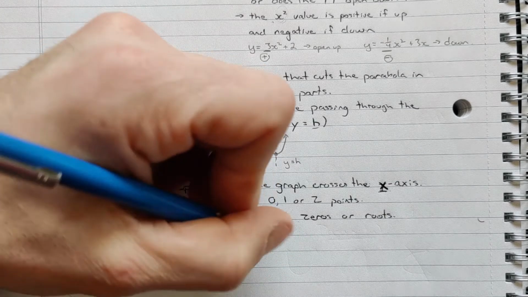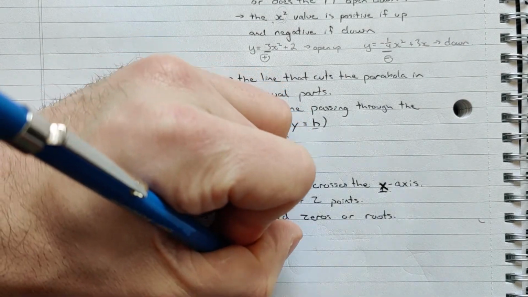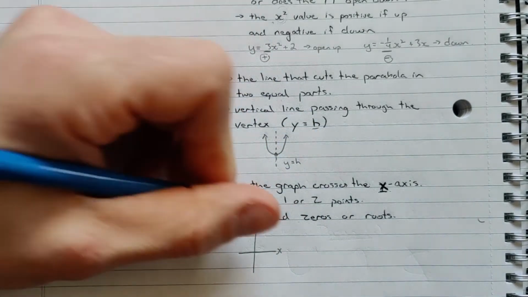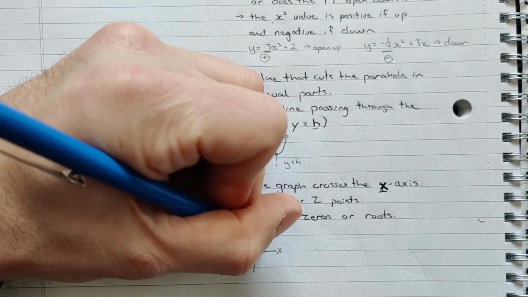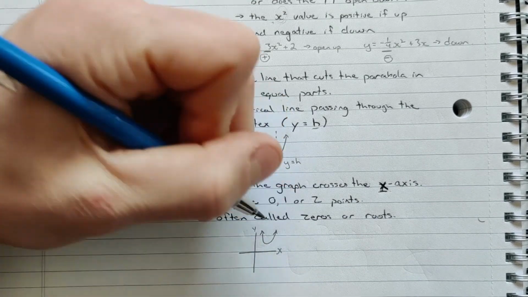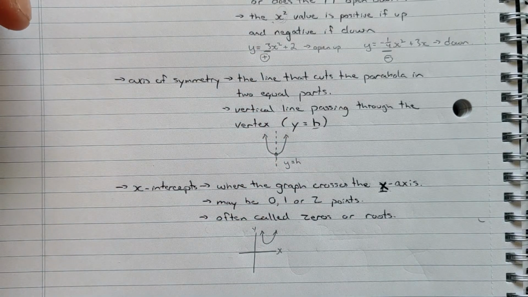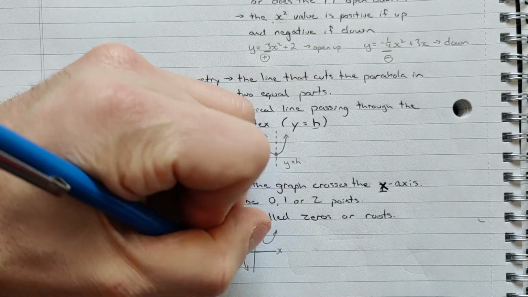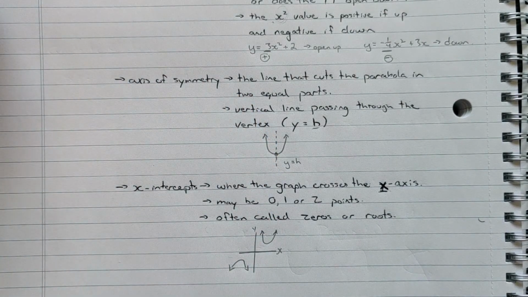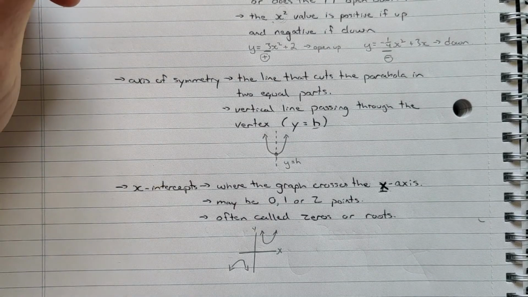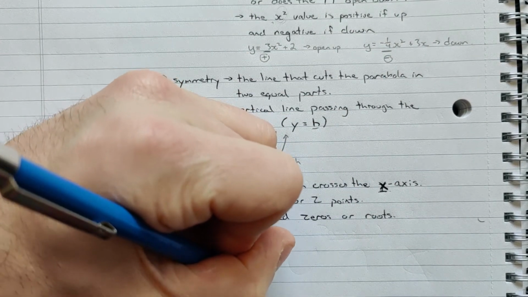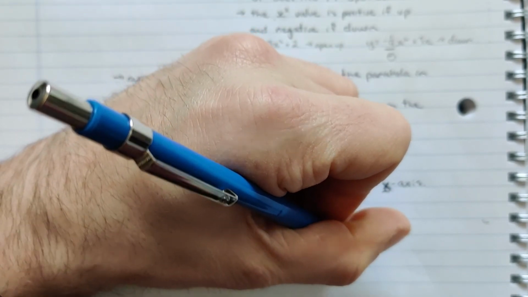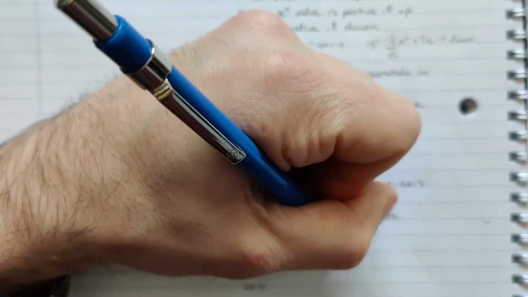But if we have a grid here, x, y, we could have the graph right here where it doesn't ever touch and thus has no x-intercepts. We could have it down here where it again doesn't touch and there's 0 x-intercepts. We could have it such that it touches and bounces off.